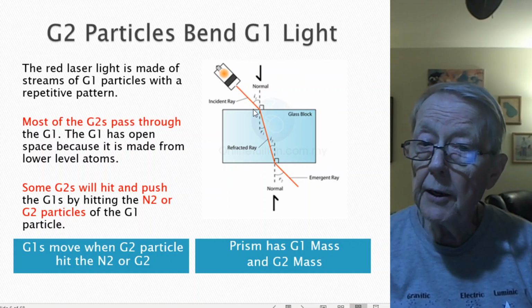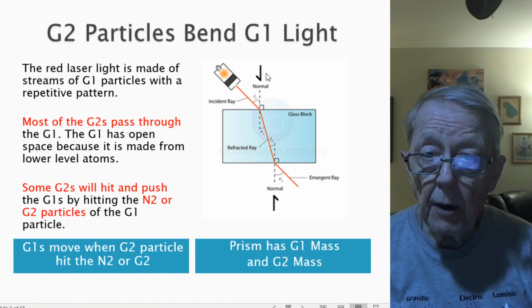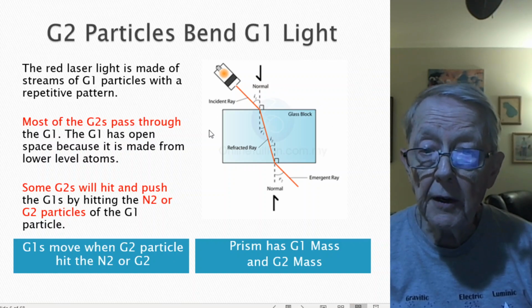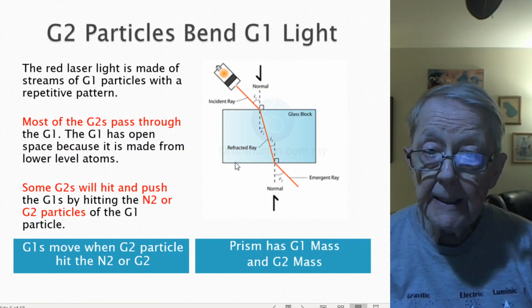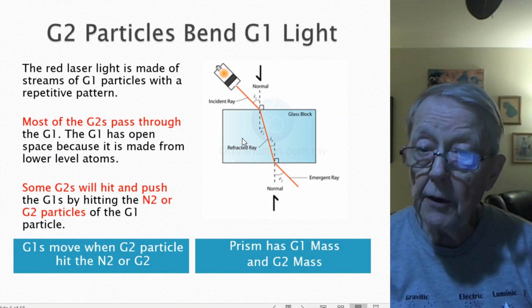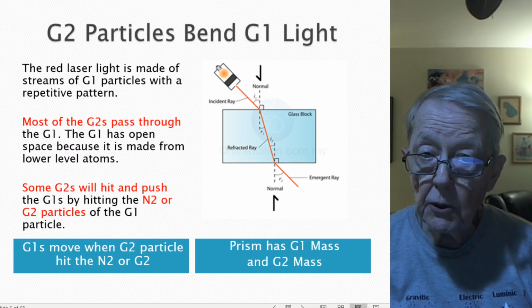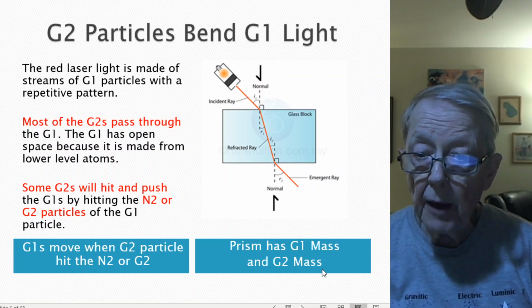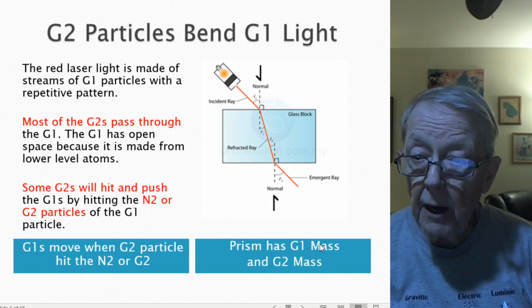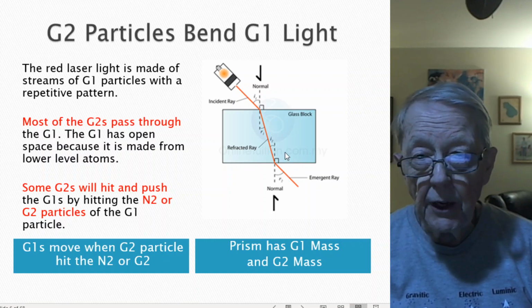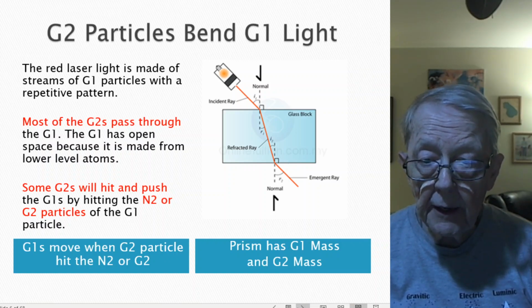And what we're saying in the particle model is there's a G1 particle field surrounding this, and a G2 particle field surrounding this in all three dimensions. And it's the G1 particle with its net force that allows us to weigh the prism in forms of G1 mass, kilograms. Don't think you can weigh the G2 mass. I'll get into that in a bit.